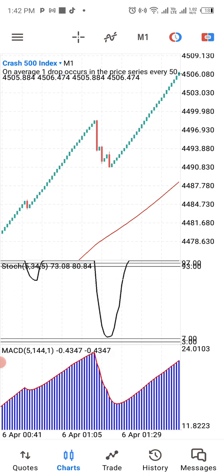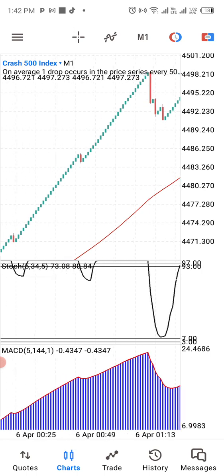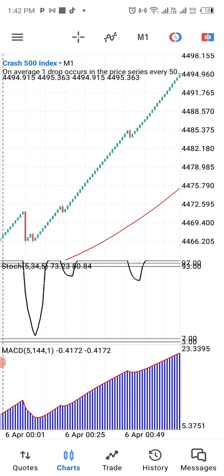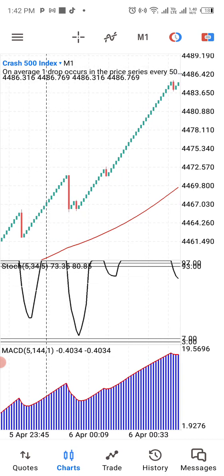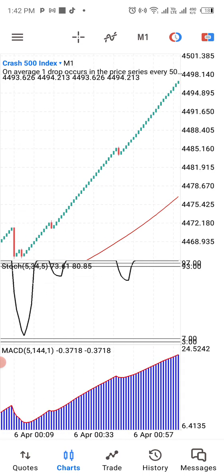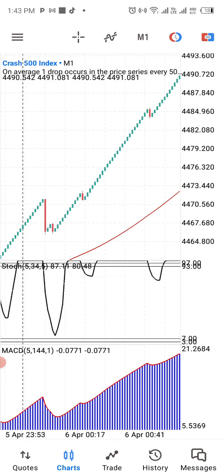Now, let's check any valid signals for our Crash 500, which simply means we are looking for buy signals. We are checking from the opening session of 6th April. What we are looking for is our price must be above the 144 linear weighted moving average.